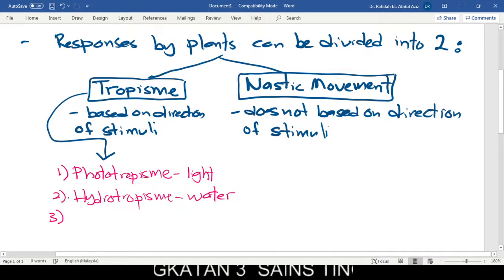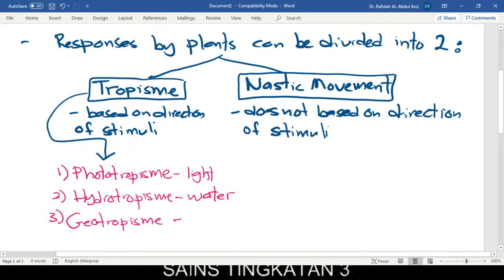Third, we call it geotropism. This one refers to the stimuli of gravity.